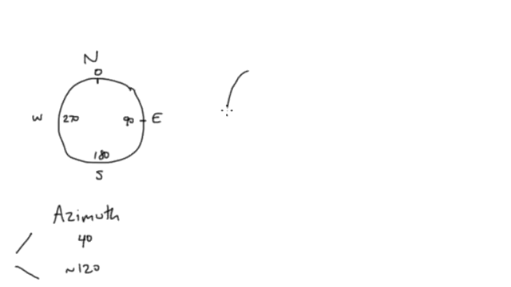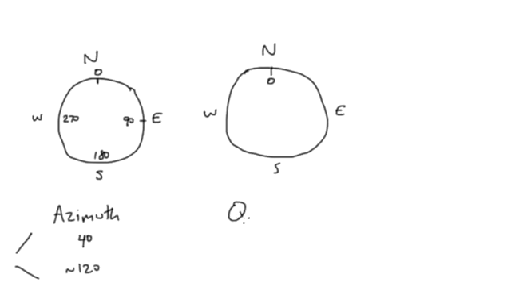Alternatively, we can use the quadrant convention. So again, we have north, west, east, south. This is easy to remember. It spells we. Let's label this quadrant. In the quadrant convention, we say things like north 20 east or south 30 degrees west.